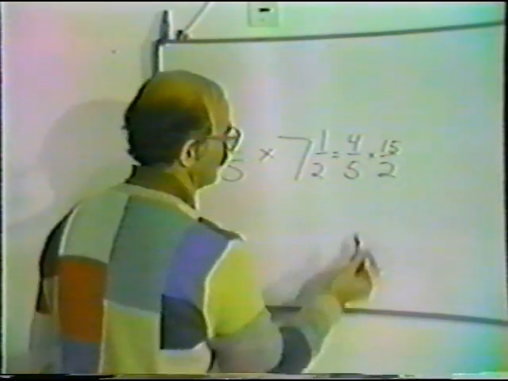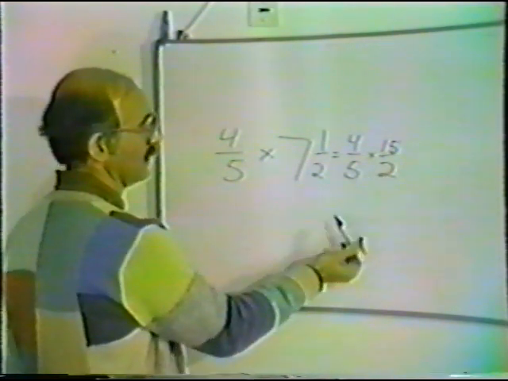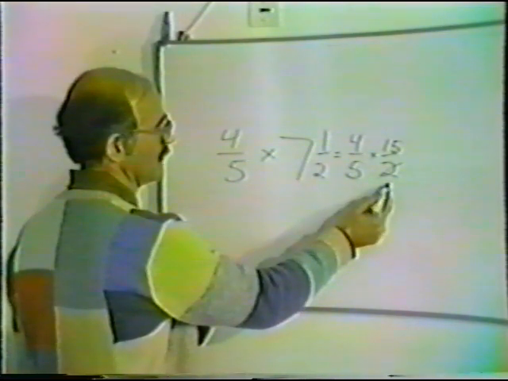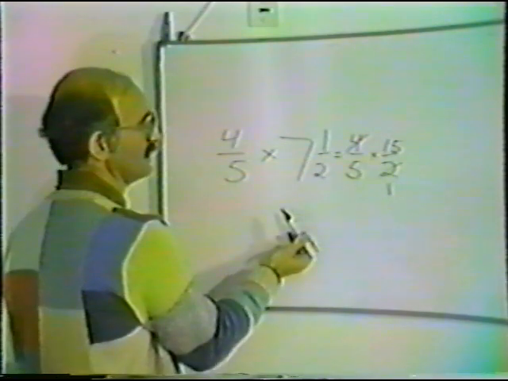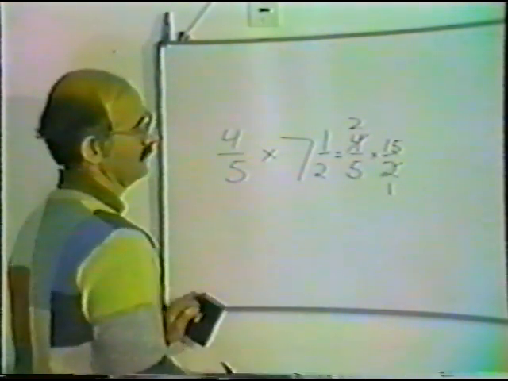15 halves. Can we cancel the 4 and the 2? Yes. What can we hit them with? 2. 2 into 2 is? 1. And 2 into 4 is? 2. Can we cancel the 5 and the 15? Yes.